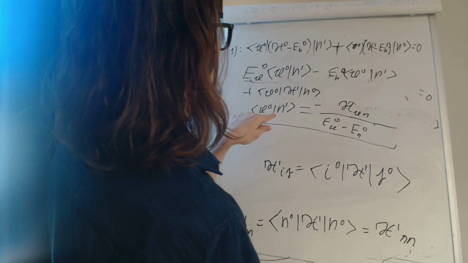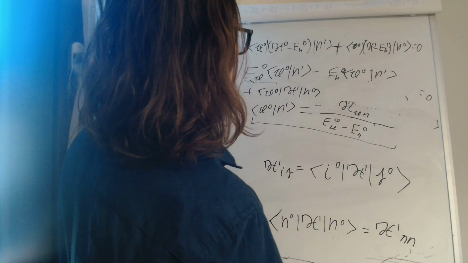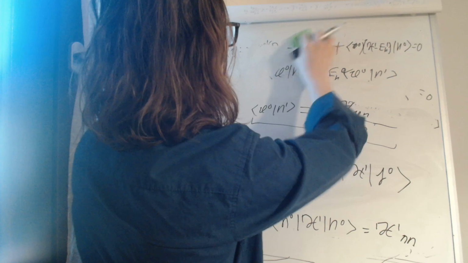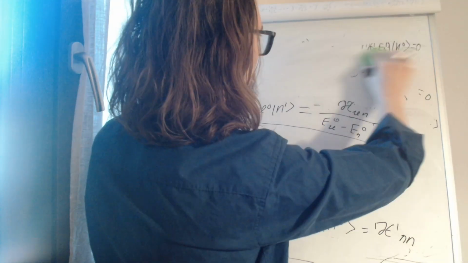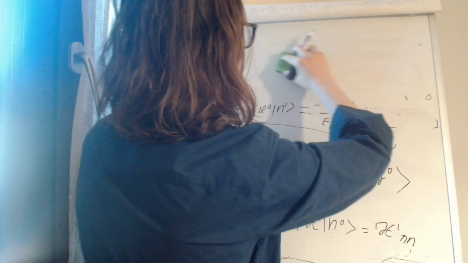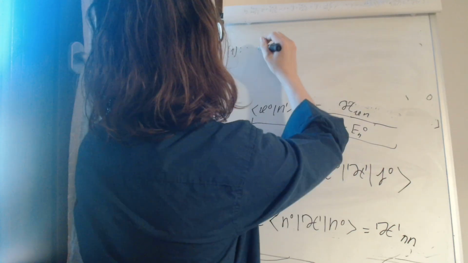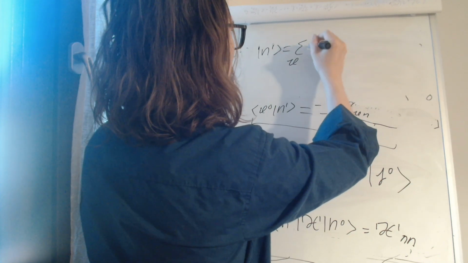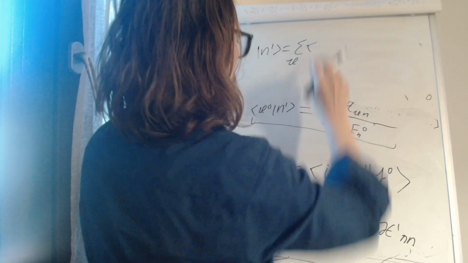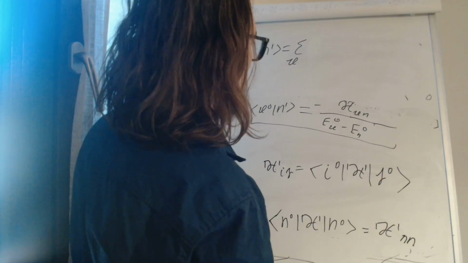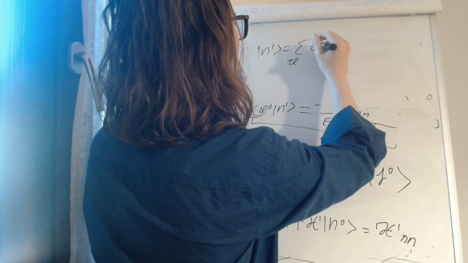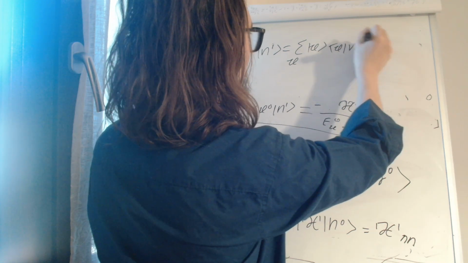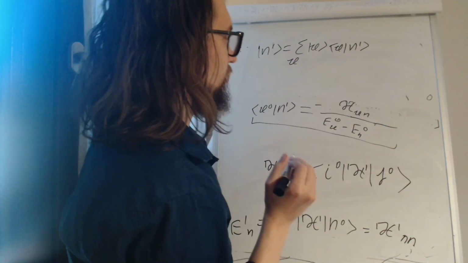So we have found this bracket product. How do we isolate n1? We use the completeness property. So we can write n1 as the summation of ket k bra k times n1, because this is the identity by the completeness property.